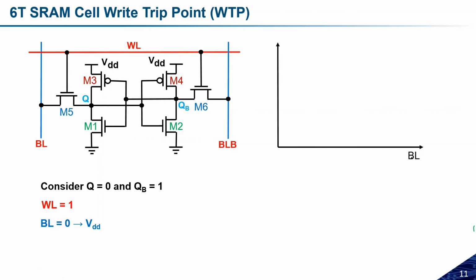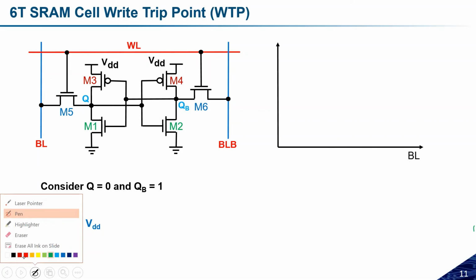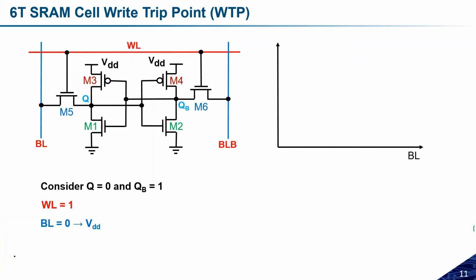Suppose I have this bit line voltage here. WL was at logic high. So initially the bit line is something like this. If I change the bit line voltage, what will happen? The bit line voltage will change something like this. Let us assume the bit line voltage is changing from this to this one.